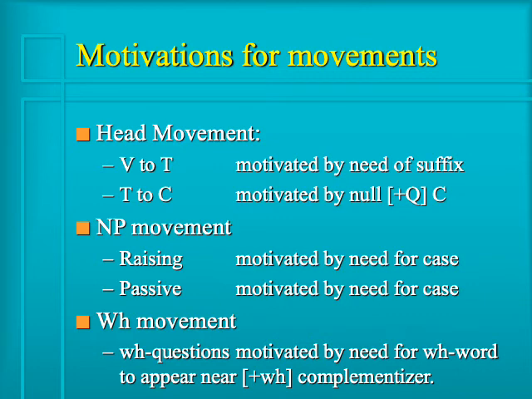This was in French, a verb moved to a tense, and it was motivated by the need of a suffix. 英語では T が V に降りていました。テンスというサフィックスが動詞と一緒にならないといけないというような移動でした。And we also had T to C movement. This happened in yes/no questions. Also, it happens in WH questions, and it's motivated by a plus Q feature under C.